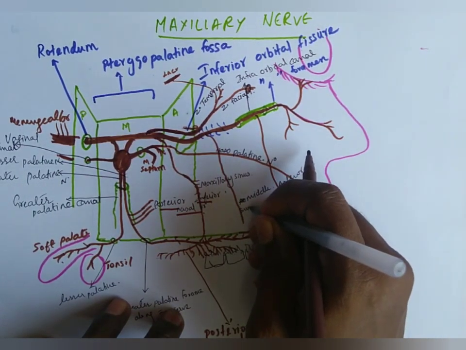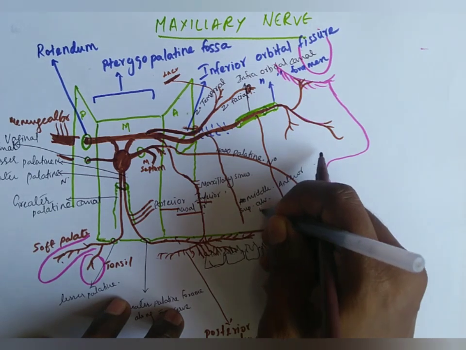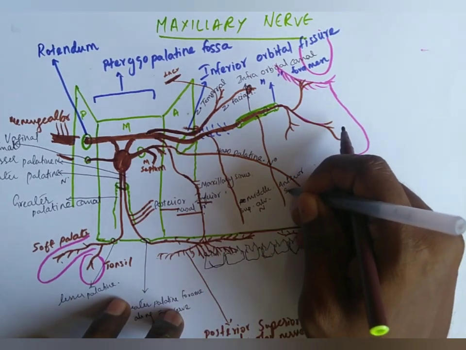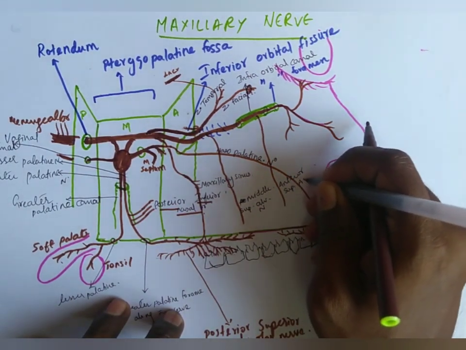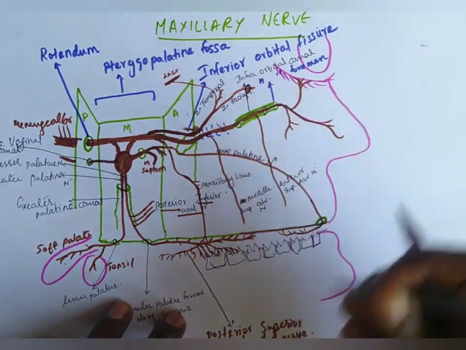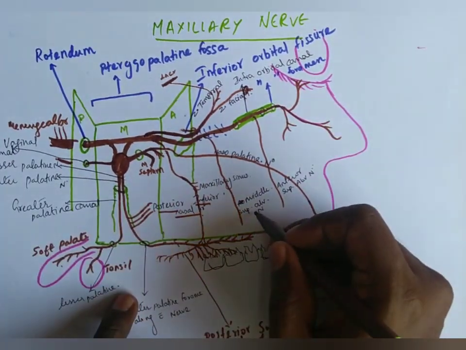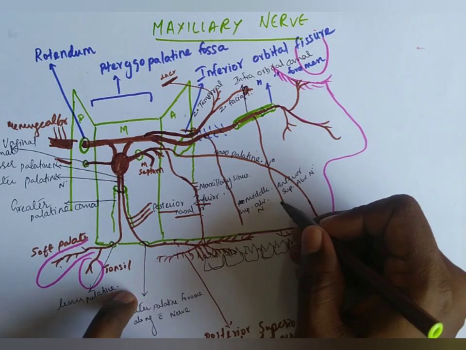So this is the middle superior alveolar nerve, and this is the anterior superior alveolar nerve.